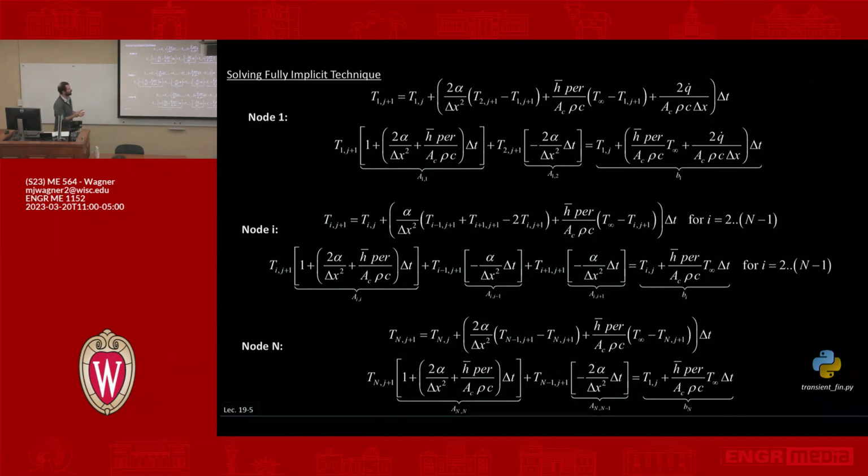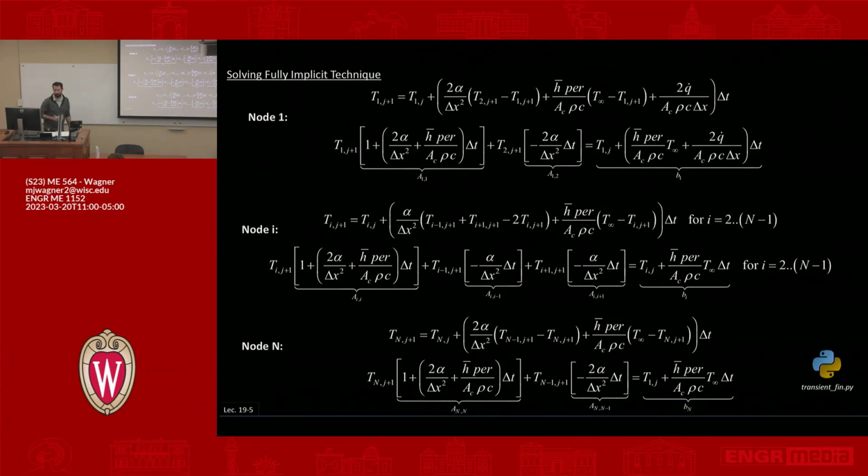If you're looking at this, one thing that you might be confused about is that over here on the right-hand side, I have T1j appearing, I have Tij appearing, and I have Tnj appearing. How is it that I can say this temperature, which I guess we don't know, is going in my B matrix?